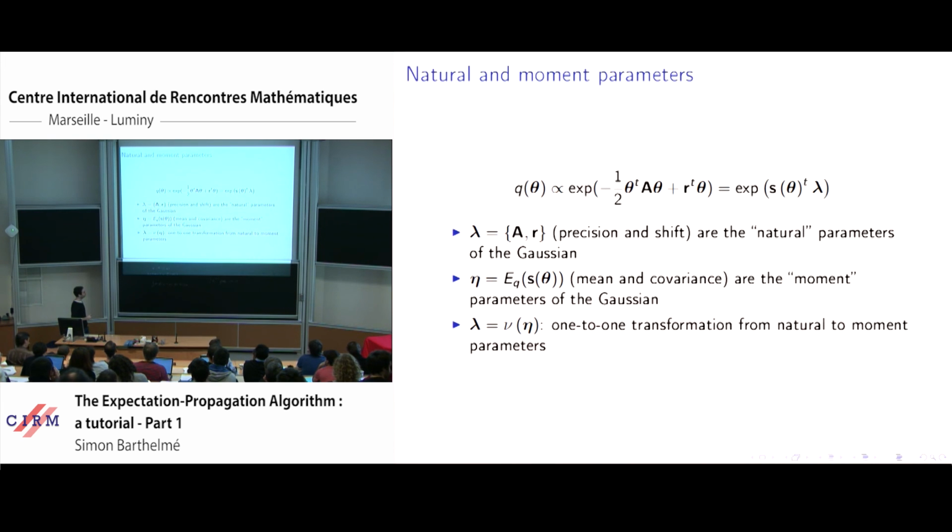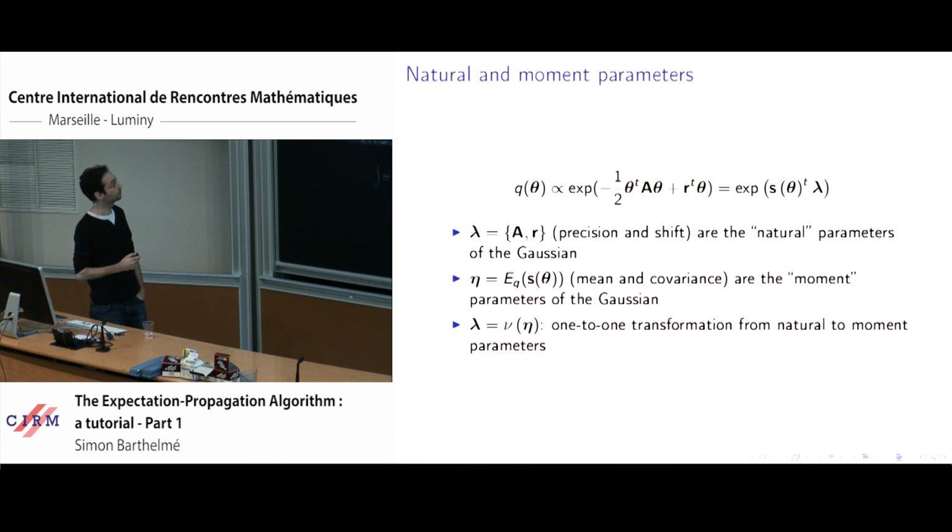And the natural parameters have their counterparts, which are moments. And the moments are the mean and the covariance. You notice that if s of theta gives you all the products of the form theta_i theta_j, and then all the theta_1 to theta_n, then the expectations of these second order and first order functions of theta are just going to be the mean and the covariance. So that's my moment parameterization.